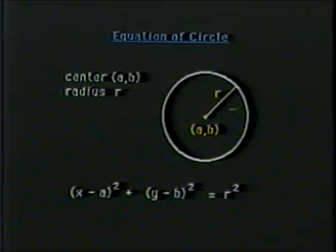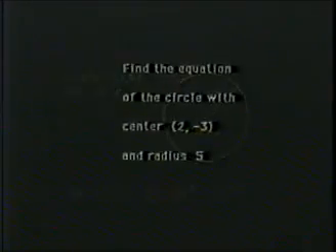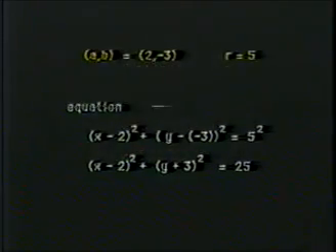How does this equation work out in practice? Let's take a look. We have the numbers we need. All we have to do is substitute them into the formula. And of course, that's no trouble at all.